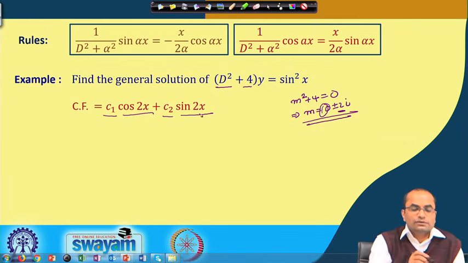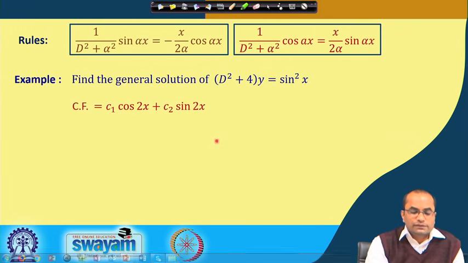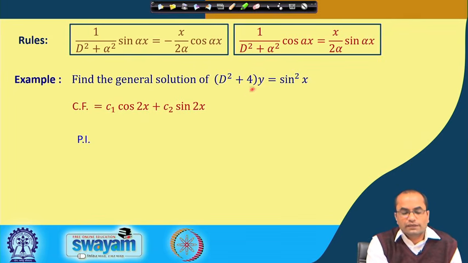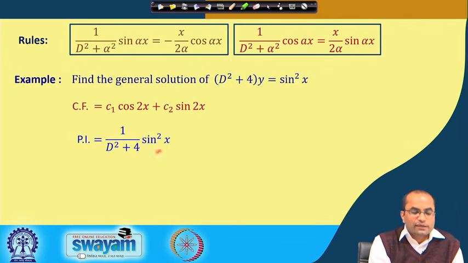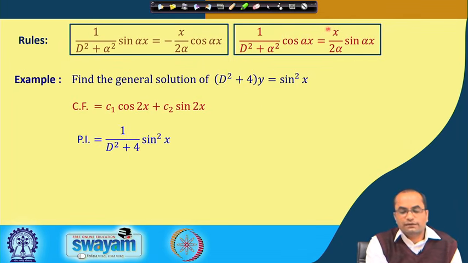So, this is the complementary function of this differential equation, and then we will get the particular integral, which will take the form 1 over d square plus 4 on sin square x. We know the results on sin alpha x and cos alpha x.